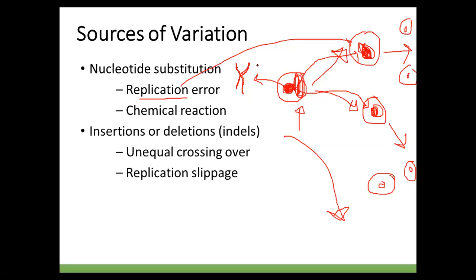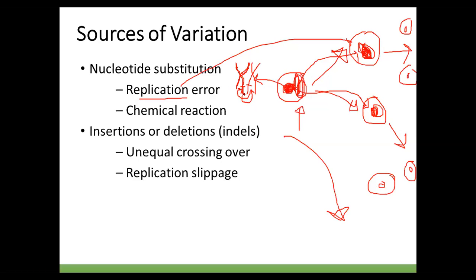Crossing over means that during this cell division process, when these things are duplicated or replicated, some parts of these chromosomes cross over. This part may go to the similar other chromosome, and that part and this part would be interchanged. So they interchange.